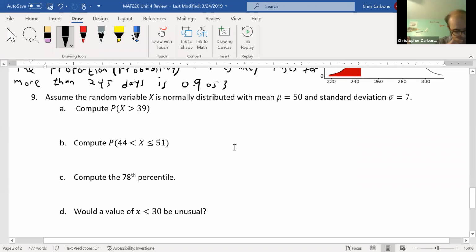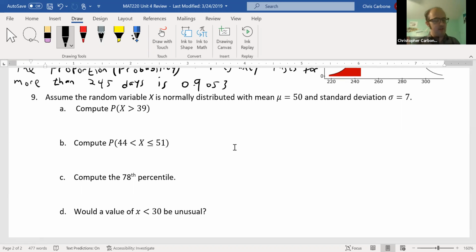Question number 9. I want to assume the random variable x is normally distributed with a mean of 50, standard deviation of 7. We want a whole bunch of things, as you can see. For part A, the probability of random variable x is greater than 39. We want the probability of random variable x is between the values of 44 and 51.